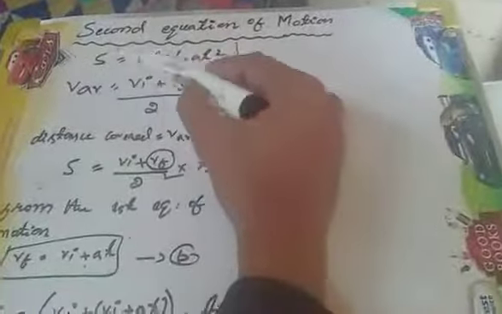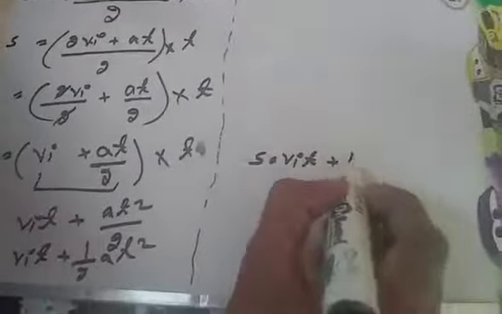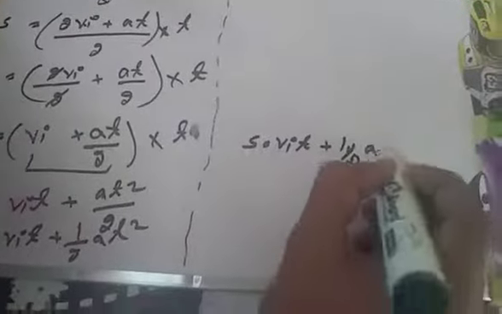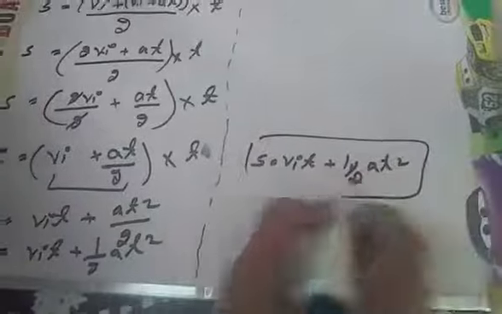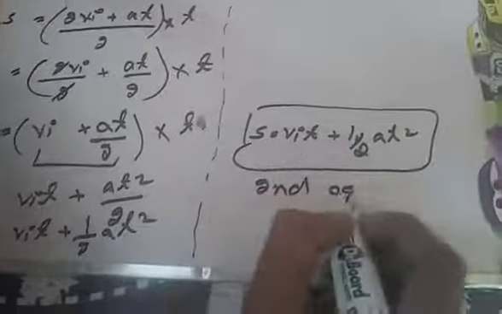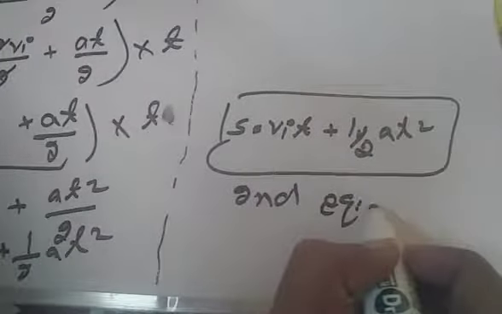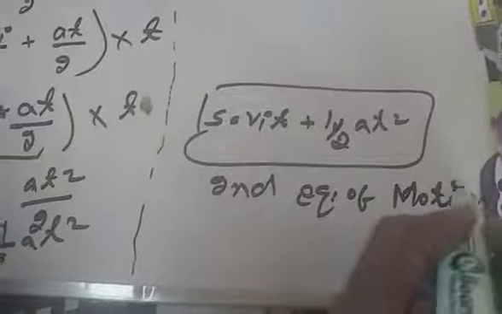Here we have proved the second equation of motion: S = Vi t + 1/2 a t².